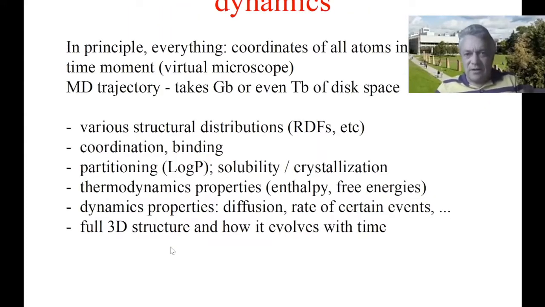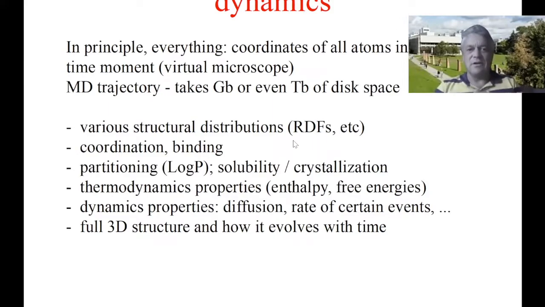The information which we get from molecular dynamics is, in principle, everything. We can get coordinates of all atoms at each time moment, and such a molecular dynamics trajectory takes really large space on disk. It easily can eat up gigabytes and even terabytes of disk space. And from it we can compute, in fact, everything. We can compute various structural properties, radial distribution function, other distributions.